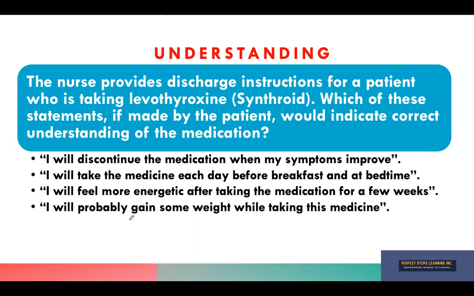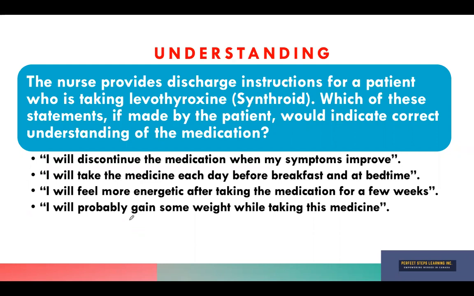You have to see that this patient's going home with discharge and we're giving discharge instructions. So the question is, which of the following statements, if made by the patient, would indicate correct understanding of the medicine? If we have to figure out a correct understanding, it means we're looking for the right dialogue. All right, so let's see which right dialogue it is.